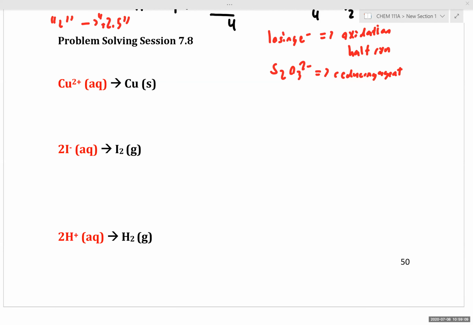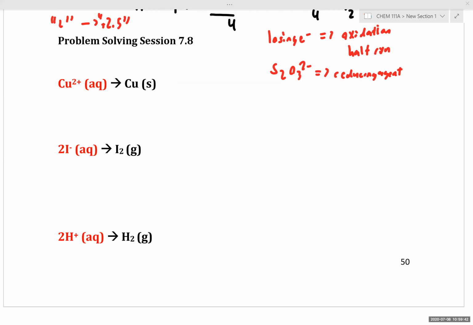Just to be 100% clear here, for oxidation, you are losing electrons. So as a result, your oxidation number is becoming more positive. Your electrons are on the product side. For reduction, your oxidation number is becoming more negative as you're gaining electrons, and your electrons are on the reactant side.